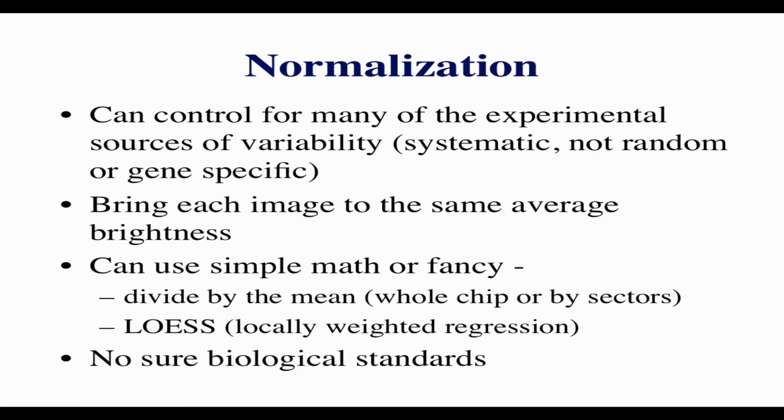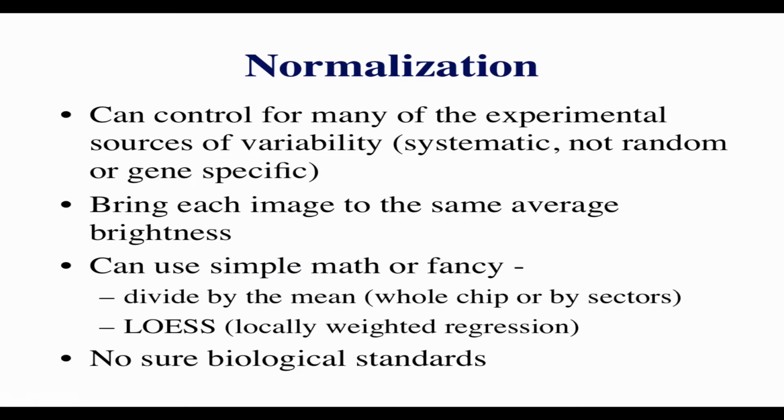I showed you a fuzzy green picture with lots of spots on it, and you could imagine that the strength of the fluorescent reagents, the exact temperature, the flow of electric currents, the focus of the detector could give you a different average brightness, which would tend to make all of the genes more highly expressed on chip B than chip A. So you could divide by the median brightness for each sample. So then you have each sample's relative brightness compared to the average brightness of that chip. That takes care of that.